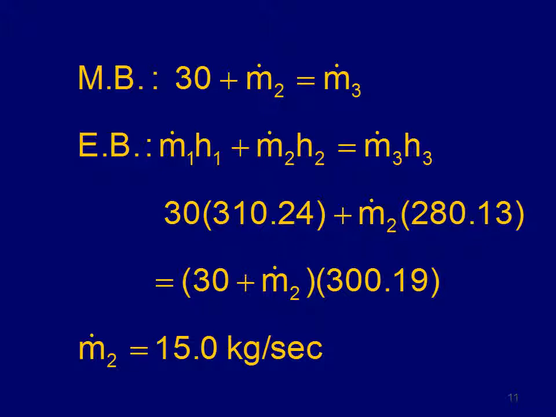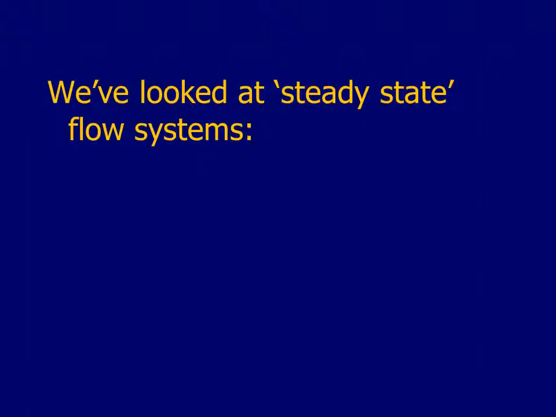Make your reference state for the air 0 degrees C, so that would be Cp times Tn is equal to Hn, or Cp times T1 equals H1, and so on. Try and solve it that way also. You should get pretty close to the same answer. Mass 2 is equal to 15 kilograms per second, and so the total mass will be 45.